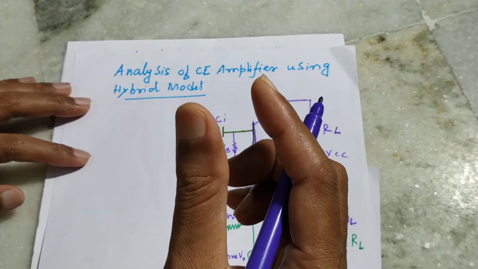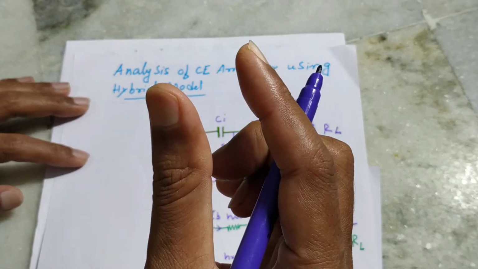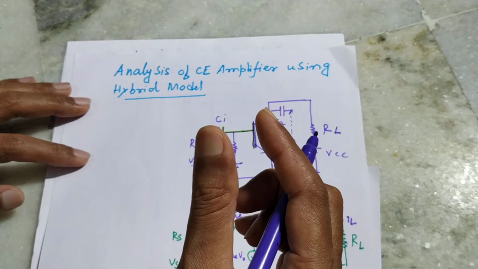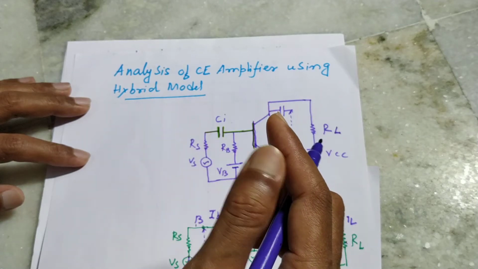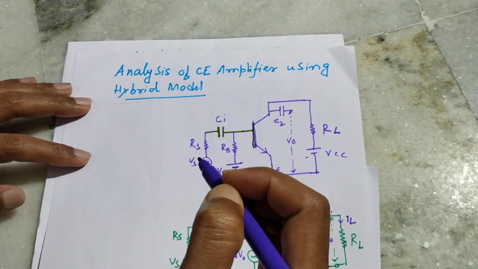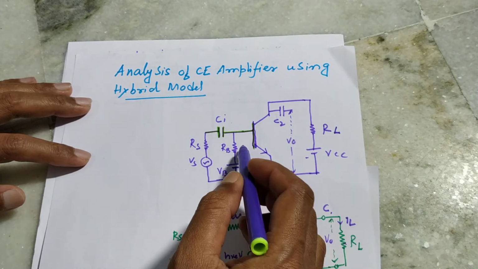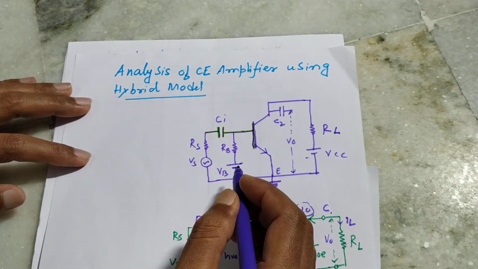So to place the operating point at the middle of the active region, or at a suitable position of the linear portion of the active region, we have to bias the circuit. So here the biasing voltage and biasing resistance are used.